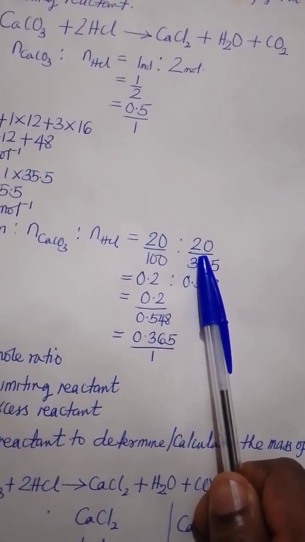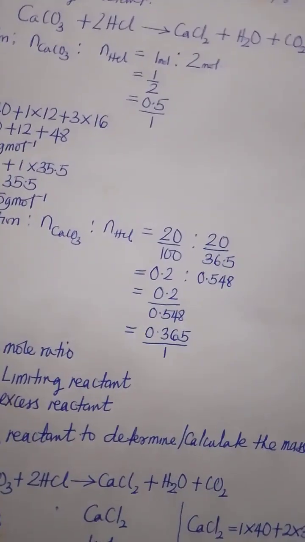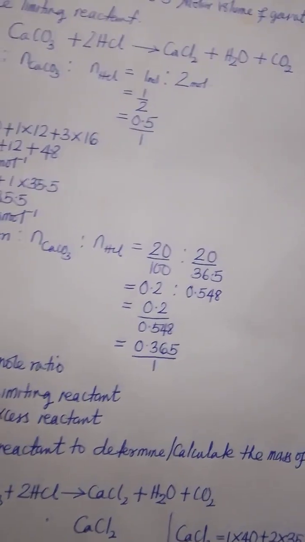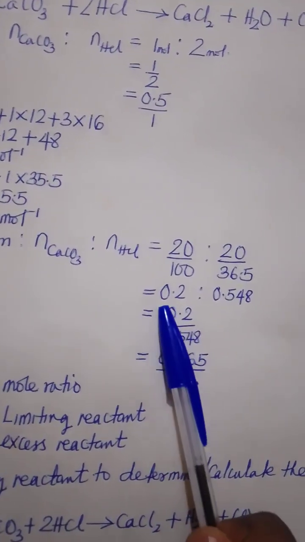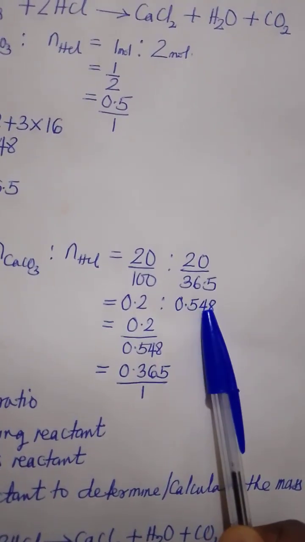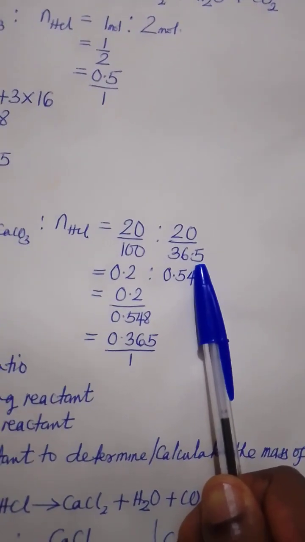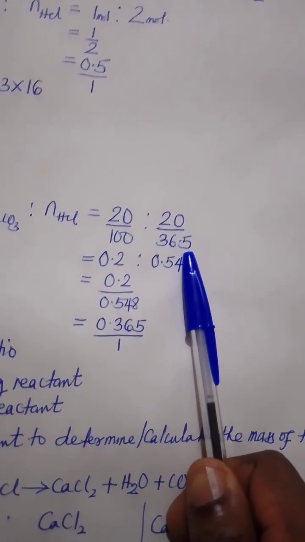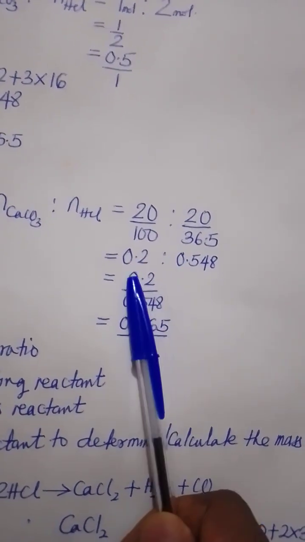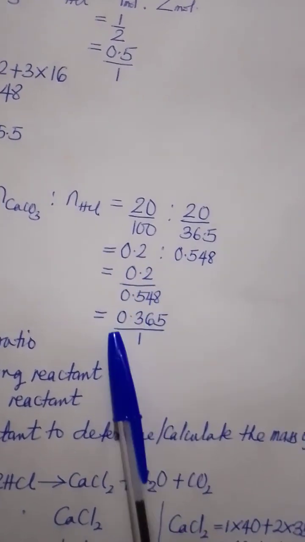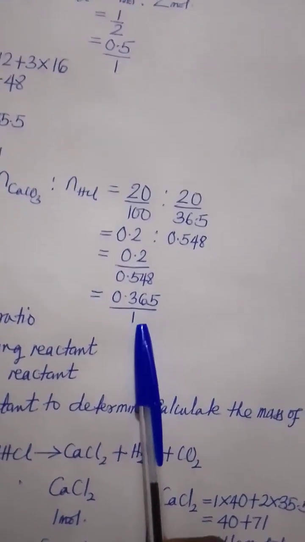We're converting the masses to moles. If you divide appropriately, that will give you 0.2 for CaCO3 and 0.548 for HCl. Always give your answers to 3 significant figures. Remember, we said ratio means division, so we just carry out division here. That will give us 0.365 to 1.